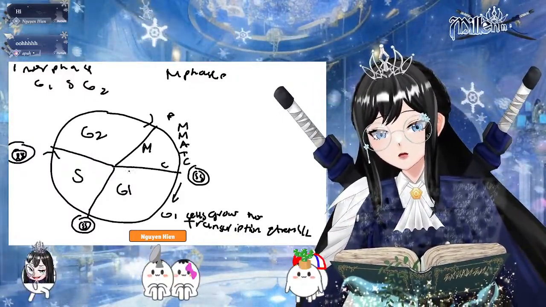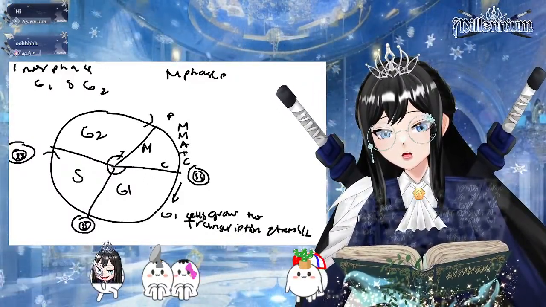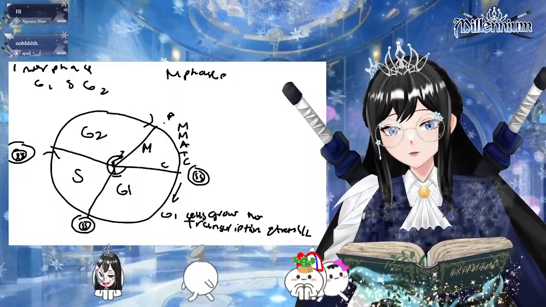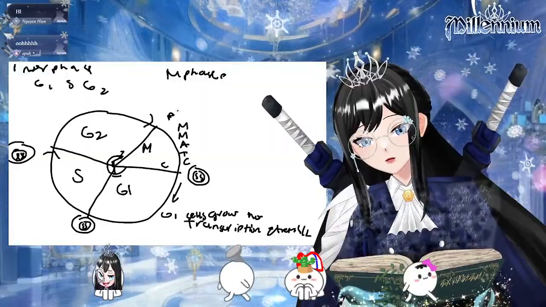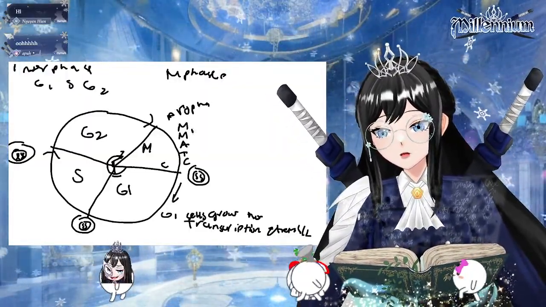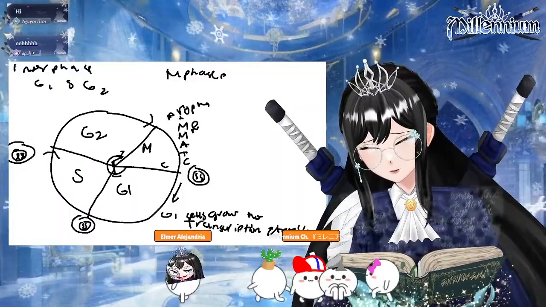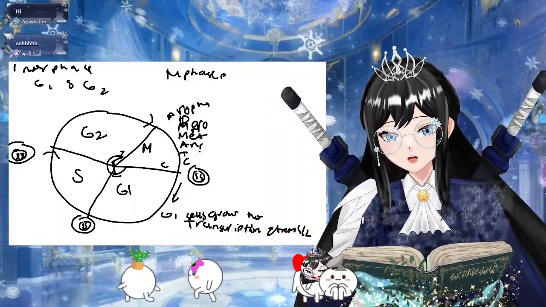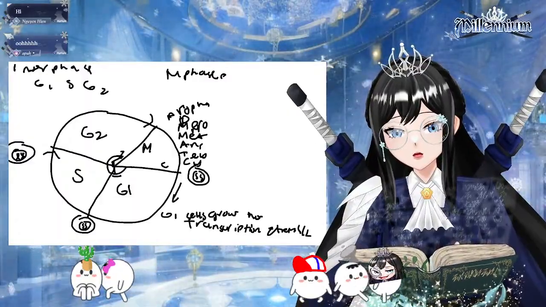This is the whole interphase, I, before you go to the mitosis part. So the M phase has the prophase, prometaphase, metaphase, anaphase, telophase, and cytokinesis.